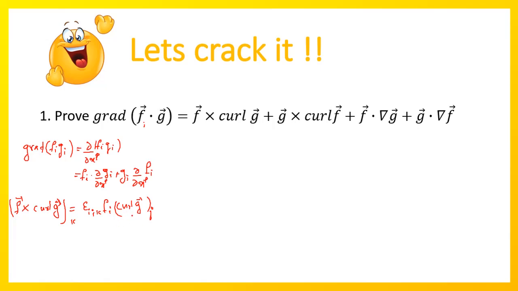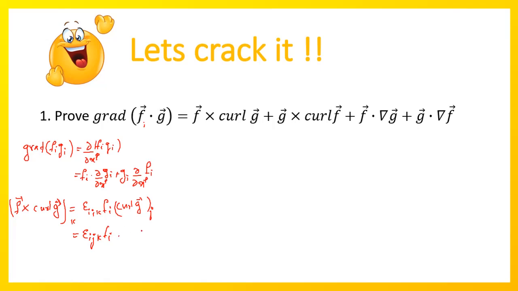So curl g also gives us a cross product. Now the first term is ∂/∂x of something into g, which is in the jth term. Therefore, the jth component here is Levi-Civita symbol ijk into fi.